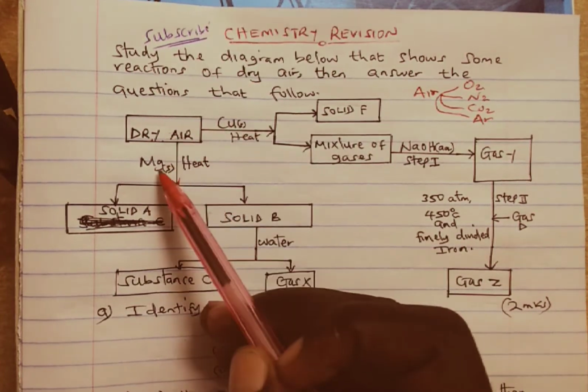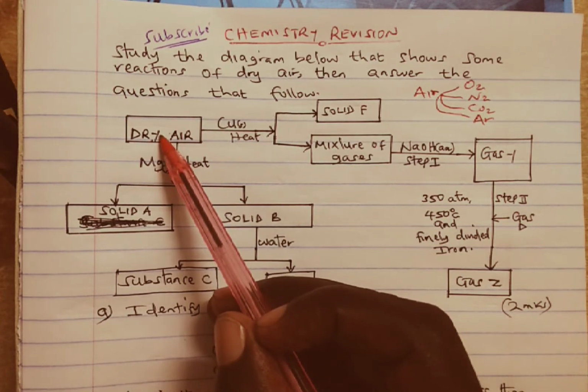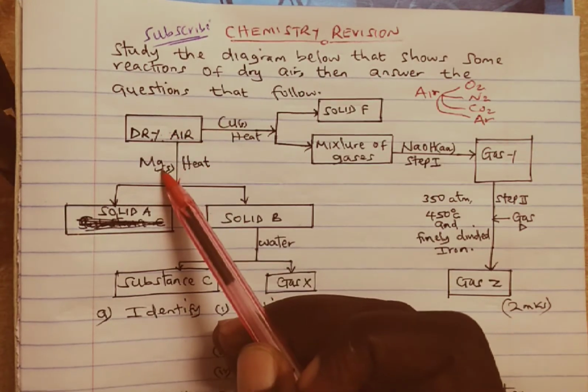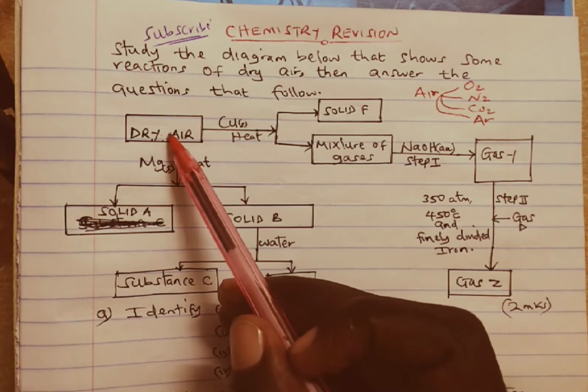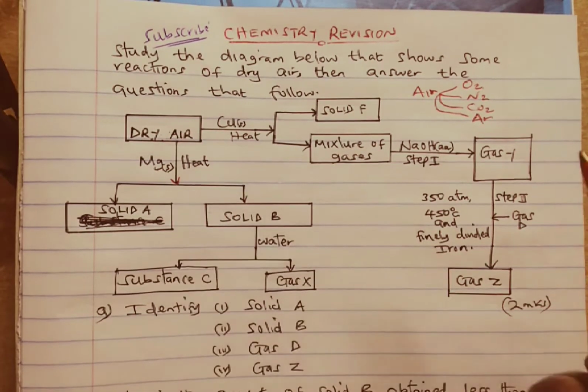We have air reacting with magnesium, and air being a mixture of gases, there are only two components that react with magnesium, that is heated magnesium metal. We have nitrogen gas and oxygen.